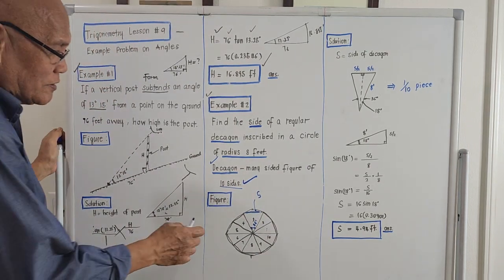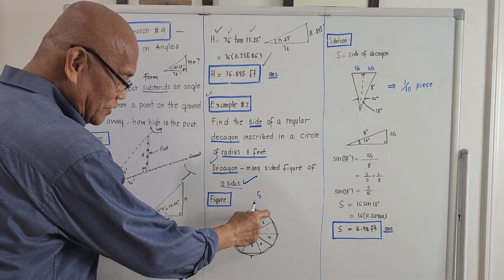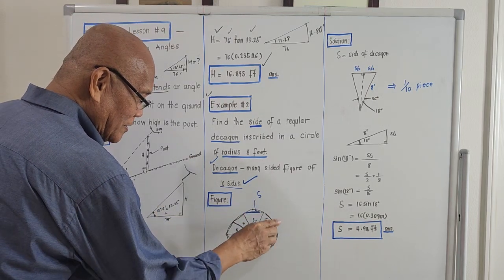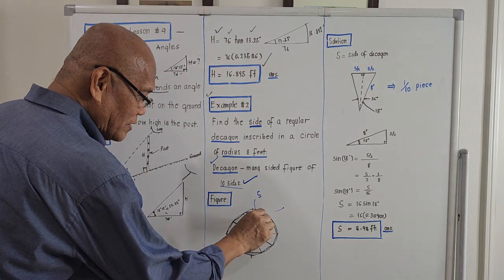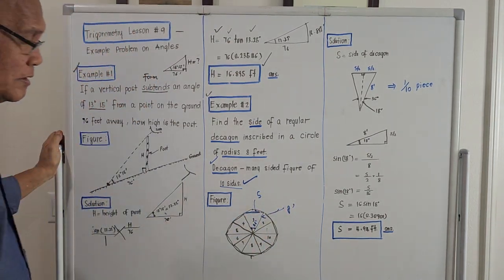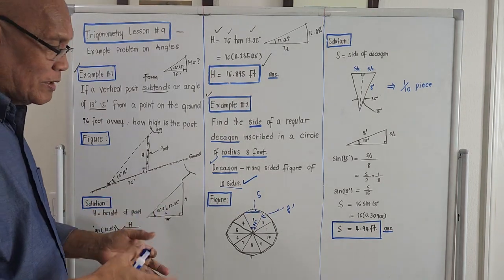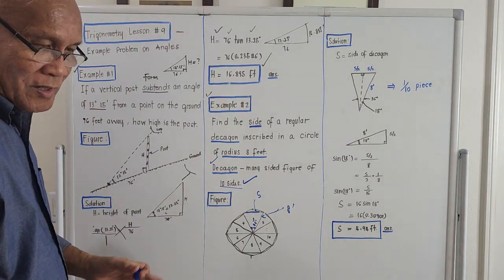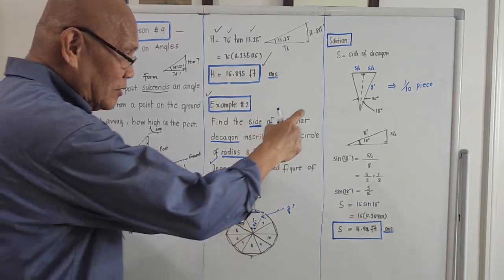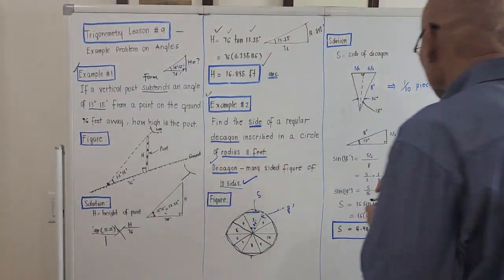So the problem is asking what will be the length of this side here if the radius of the decagon is 8 feet. The radius here is 8 feet, right? So the key to the solution of this one is that we use symmetry. We just bring out one slice. One slice will be this one.